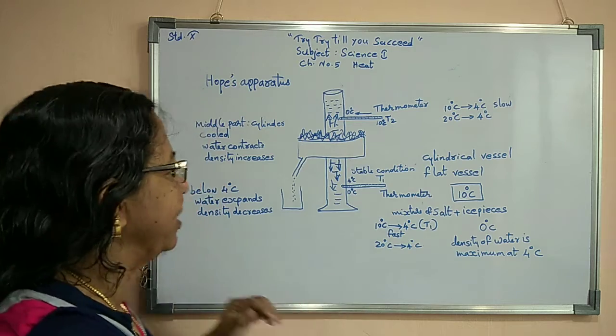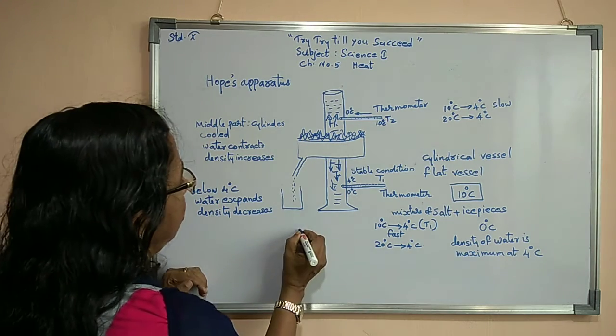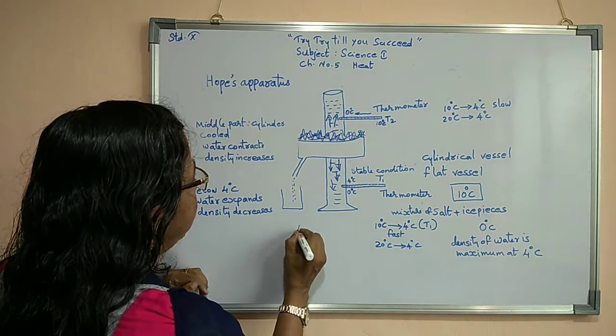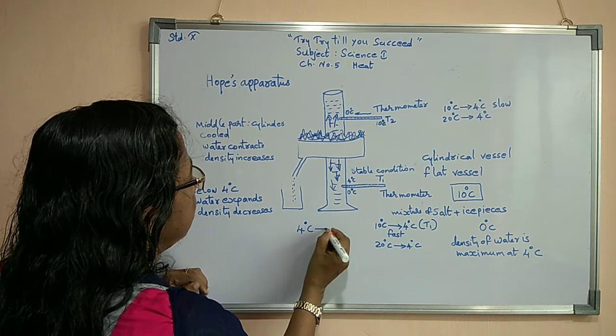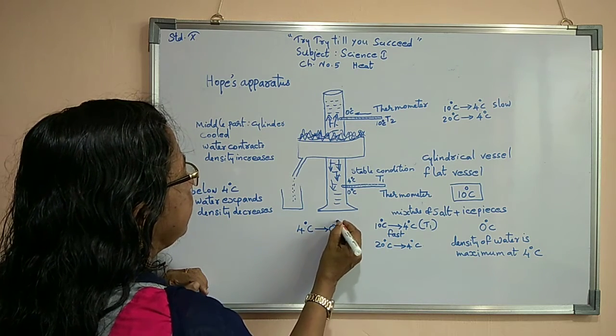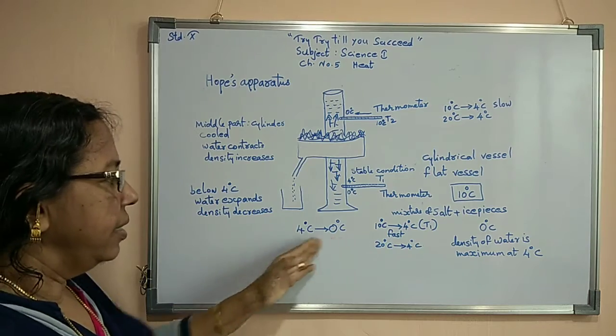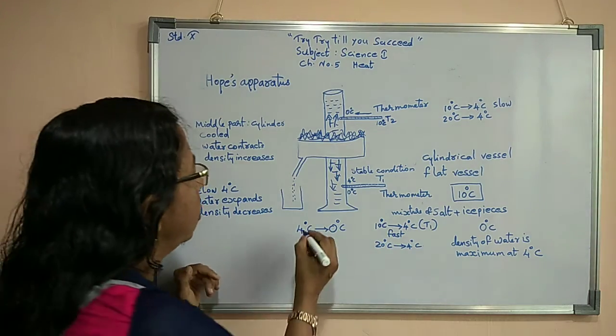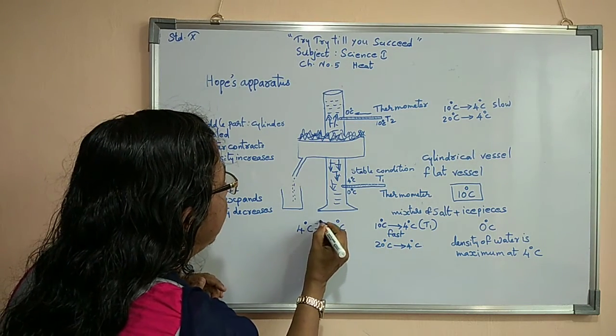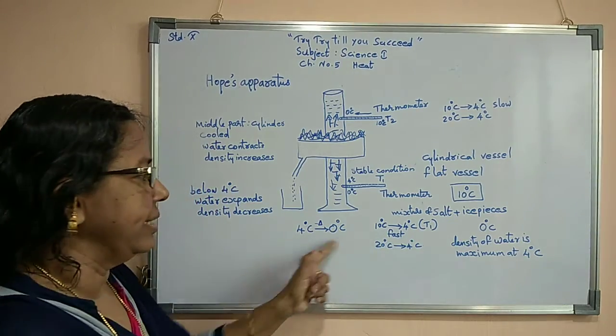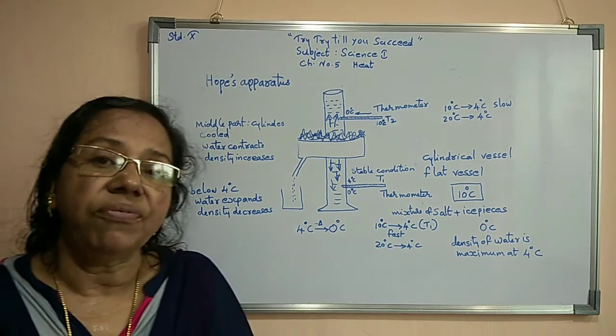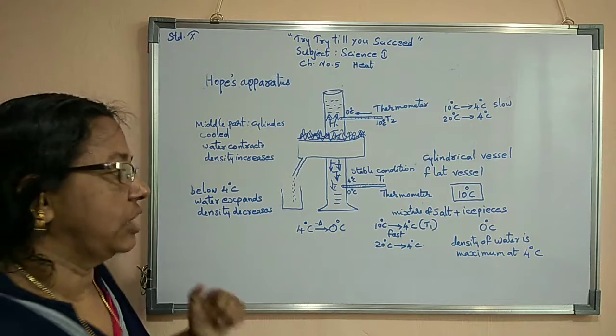The expanding temperature range of water is from 4 degrees Celsius to 0 degrees Celsius. When water cools from 4 degrees Celsius to 0 degrees Celsius, instead of contracting, water expands.